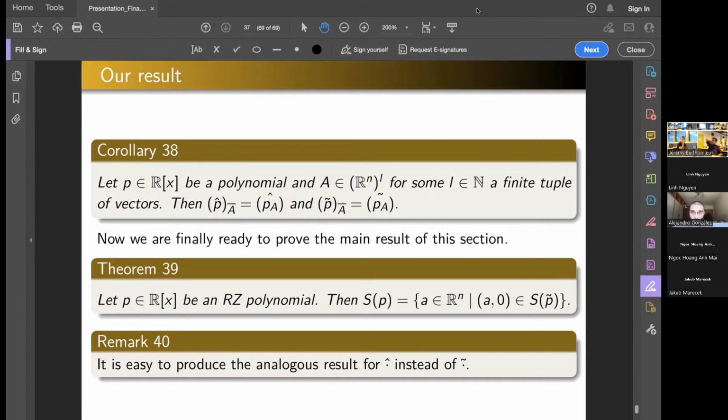Now the question, Colby, why is this important? Why are we studying this? Well, we know that the relaxation that we are using in some special cases is able to carry all the information of the polynomial that we began with.